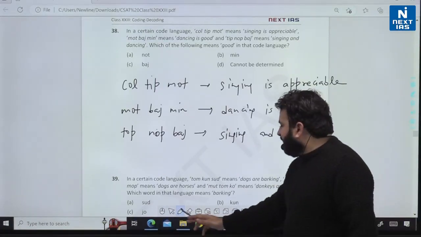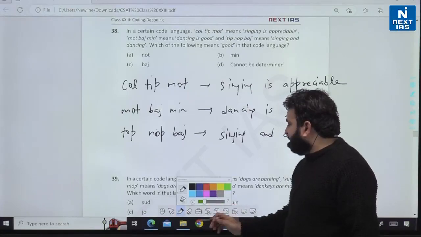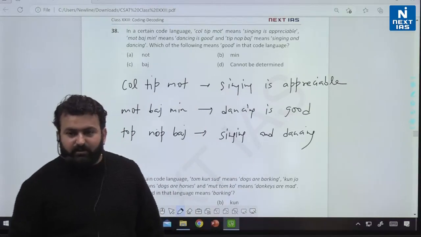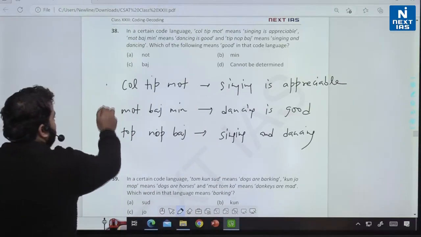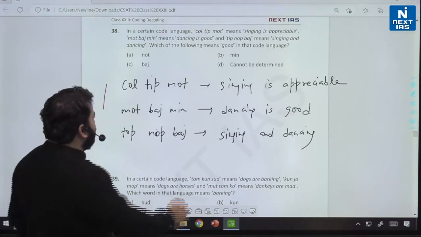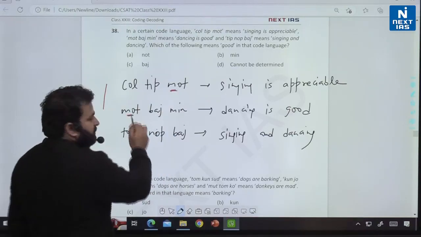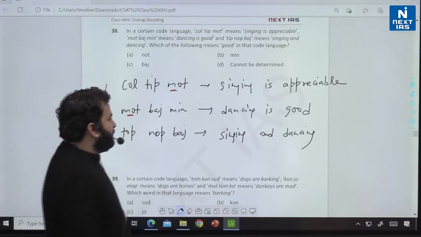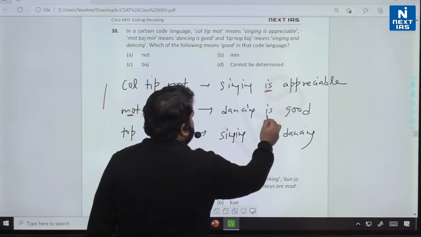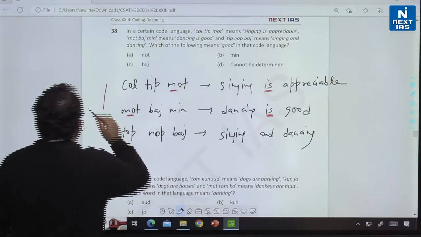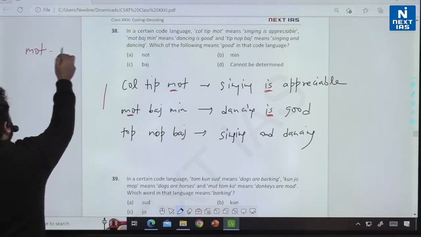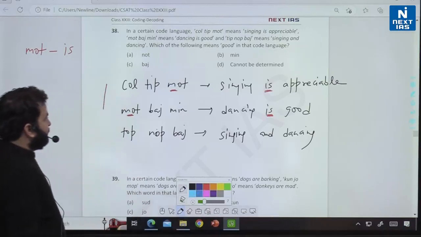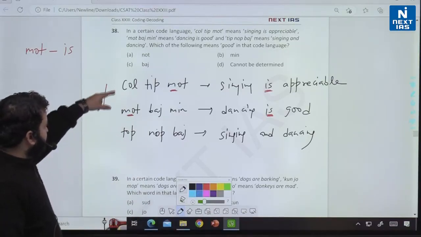Now see, in this case what will you do? Now all of you remember one thing: you have to look for the common word and the common code. For example, in first and second, what is common? Mot, mot is common, and in code, what is common? Is. So definitely you can say mot code will be is.